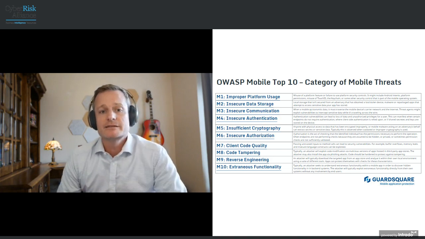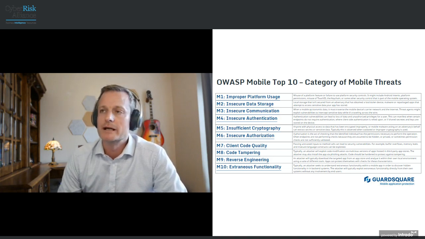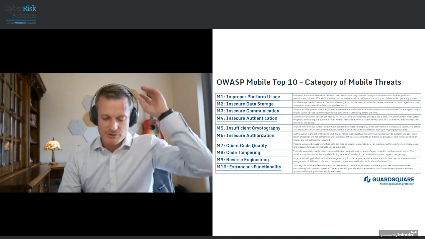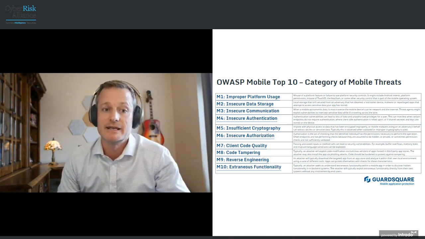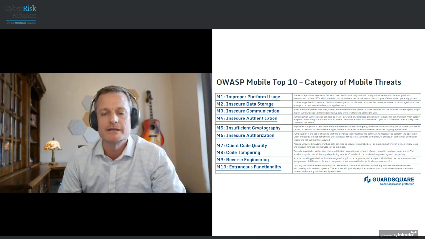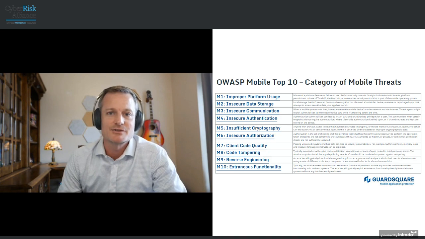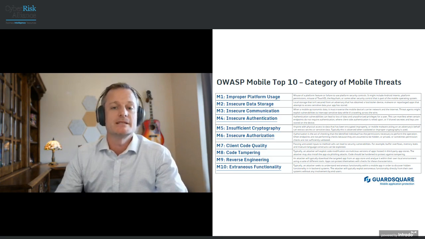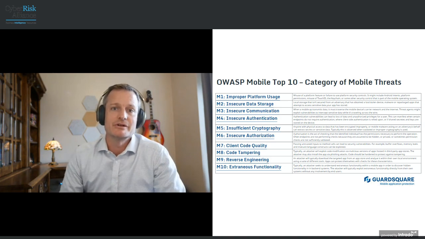And then extraneous functionality. This is where your app may be unintentionally vulnerable because of debug flags that are set, log files that persist and disclose sensitive data, or maybe just development backdoors or diagnostic tools that have been built into your app to make it easier to debug, and are there for administrative purposes.